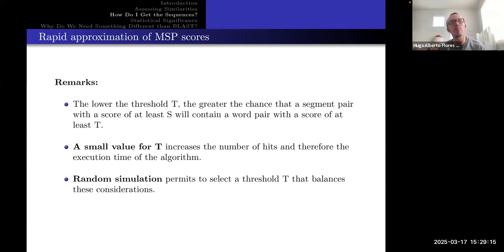Behind this idea, remember, is to choose a T that allows us to scan in a very fast and simple way whether the sequences we would like to compare are kind of similar at first sight. If they are, you say, okay, I think we reach our goal, so I'm going to scan it fully.